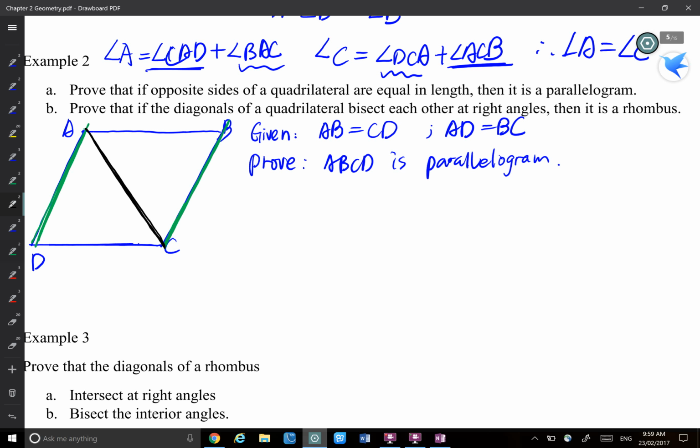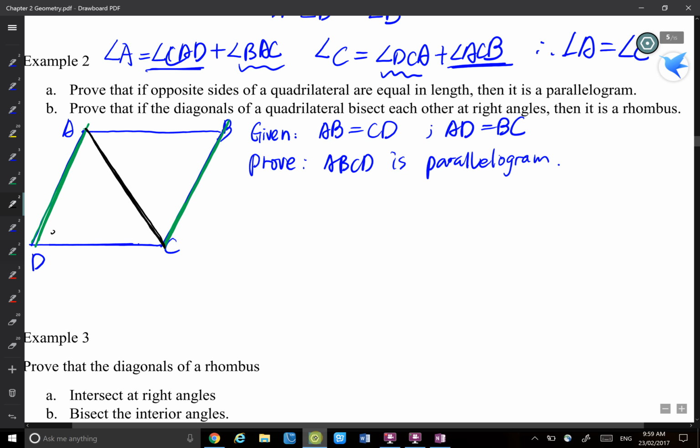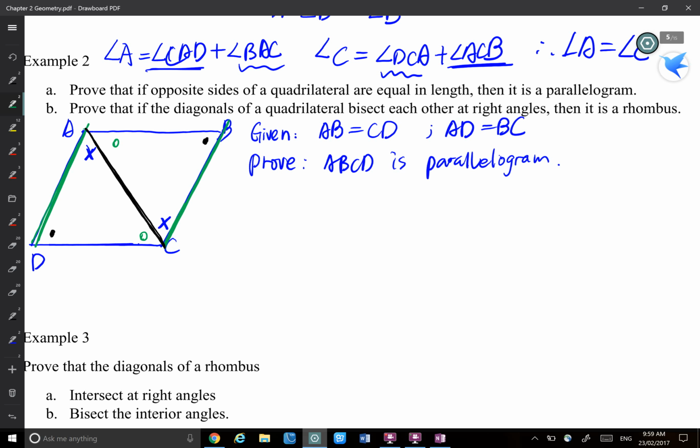If I label the corresponding points in those two triangles, this angle will correspond to this one, this angle will correspond to this one, and this angle will correspond to this one because they are opposite the same colored length. Okay, let's do the question now.